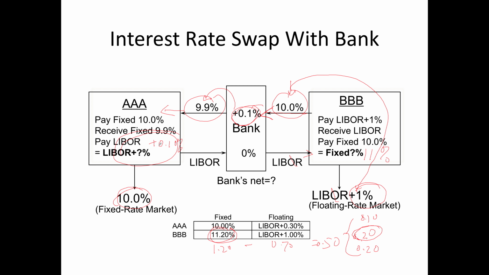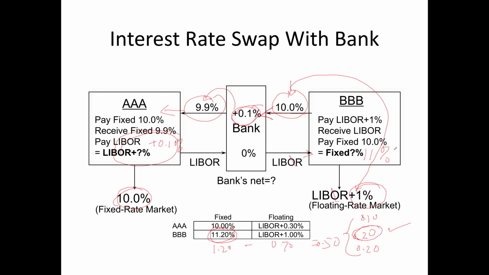Now let's compare to the existing market condition, what the saving is for them. The existing market for A is LIBOR plus 0.30. The effective rate is LIBOR plus 0.1 for the swap deal. They are saving 20 basis points. Saving, check.